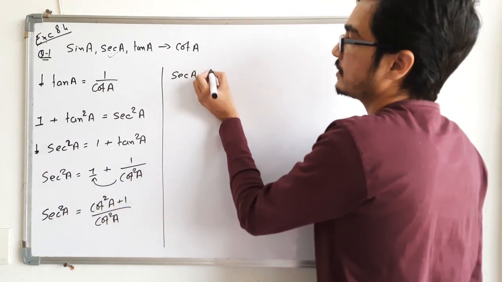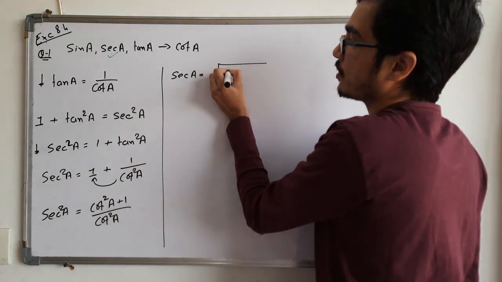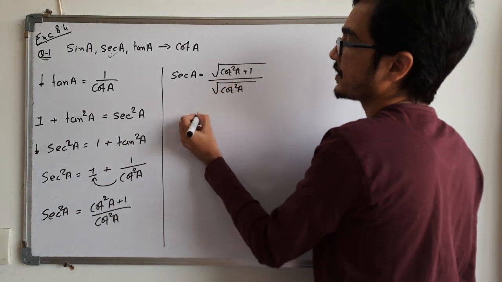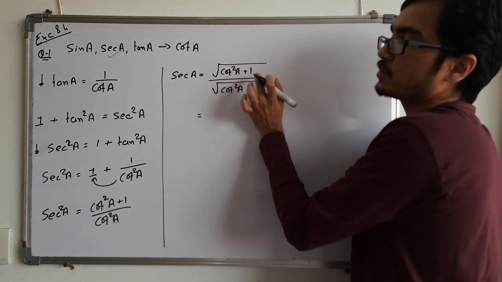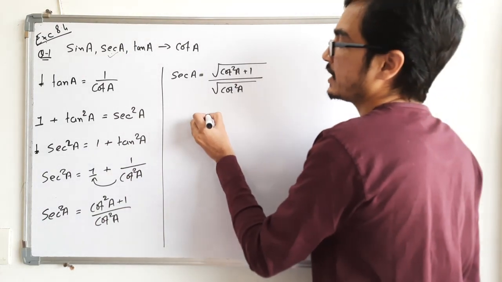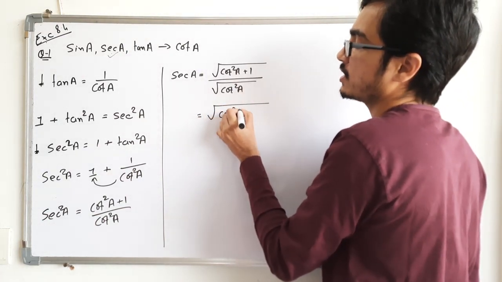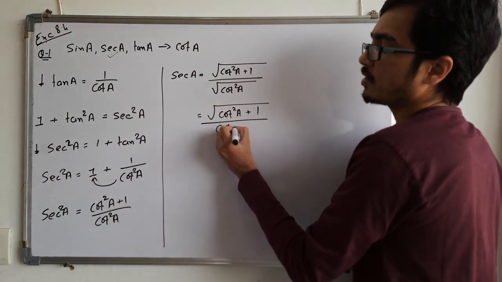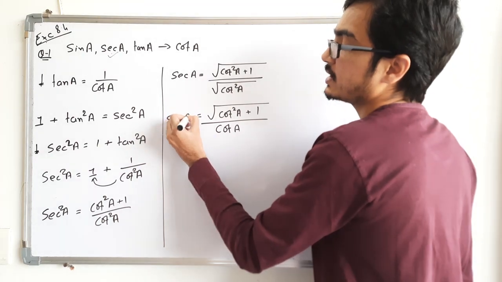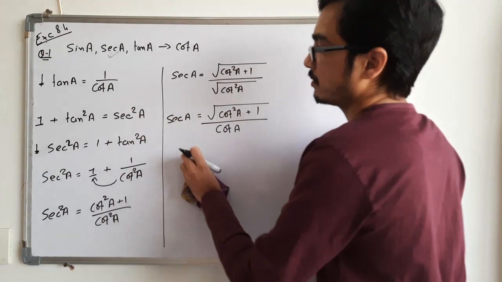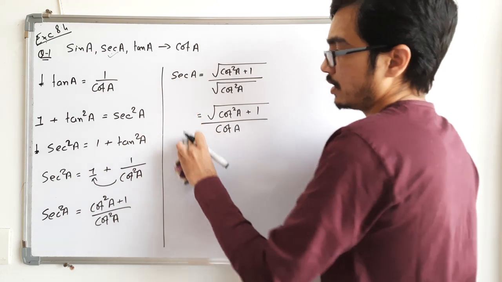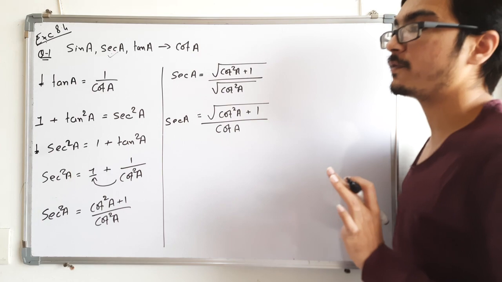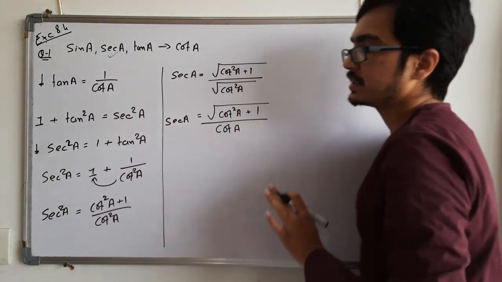So sec A is equal to the square root of cot square A plus 1 in the numerator, and in the denominator the square root of cot square A. Here a binomial is there under the square root, so its square root is not possible. We cannot give a square root to each individual term of a binomial, so it will be as it is. But the square root of cot square A will be cot A. So here we have represented sec A in the form of cot A. So this is done.